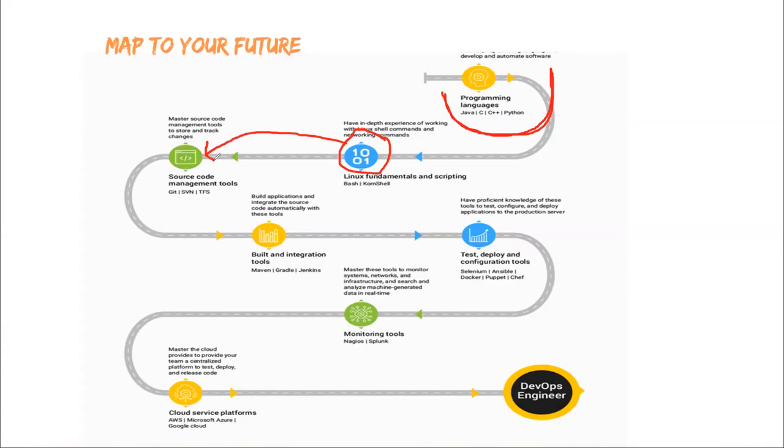Source code management means the developer writes the application code, and we store that application code in a source code management tool called Git. After that, we need to learn about build and integration tools. For build we use the Maven tool, and for integration we use Jenkins.